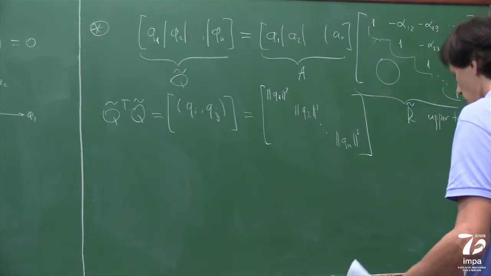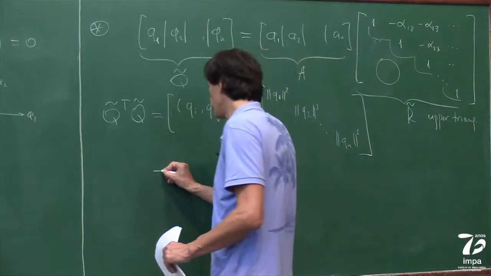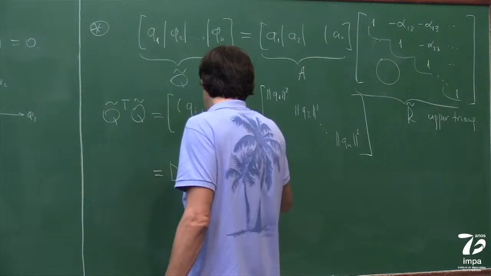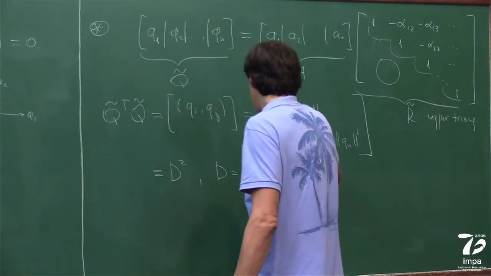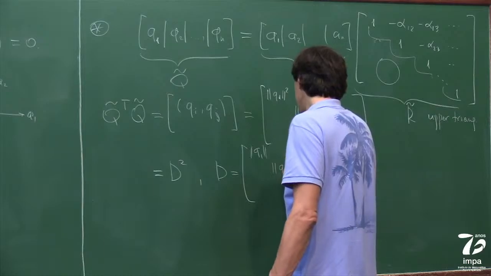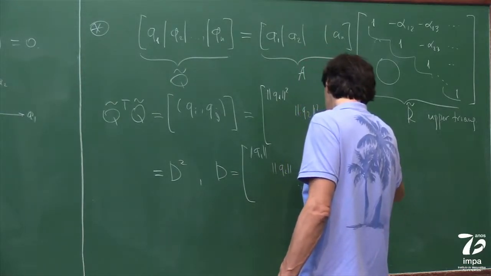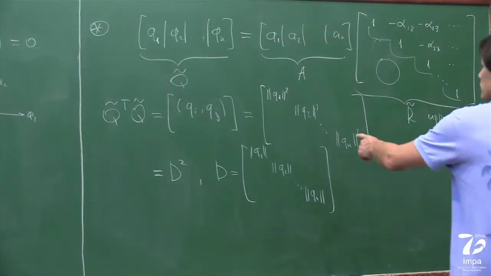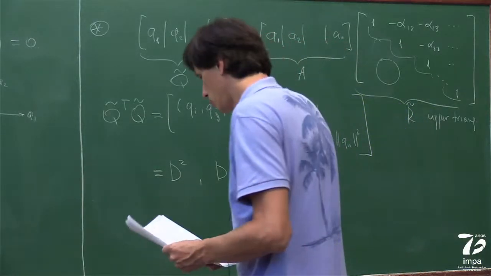Okay. And this, we can say, is equal to D squared, where D is the diagonal of norms. Right, so D squared gives you squares of norms. Okay, good.